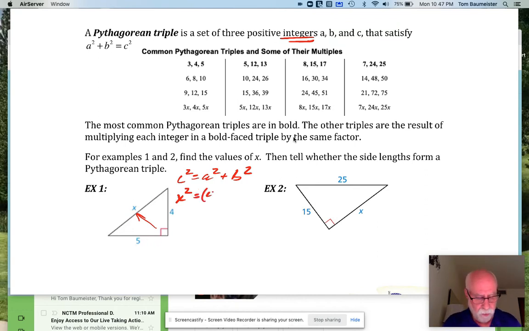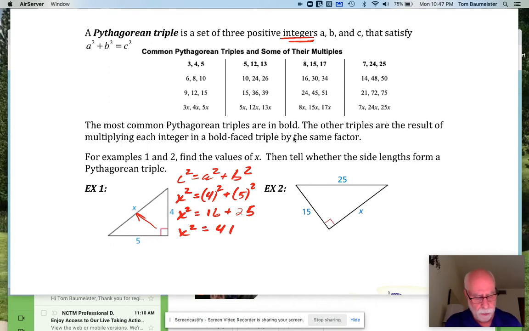So we're going to say it's 4 squared plus 5 squared. All right, so 4 squared is 16, 5 squared is 25. When I add those up, I'll get that x squared is equal to 41.